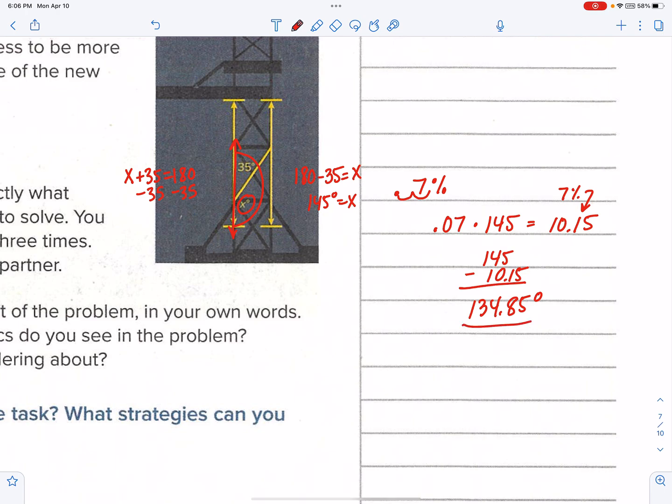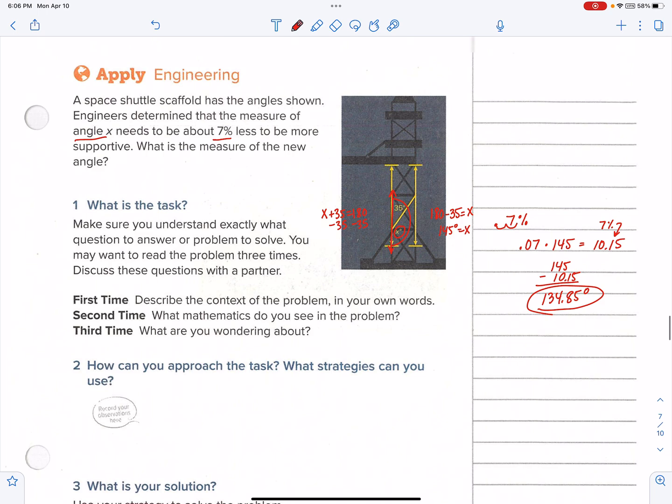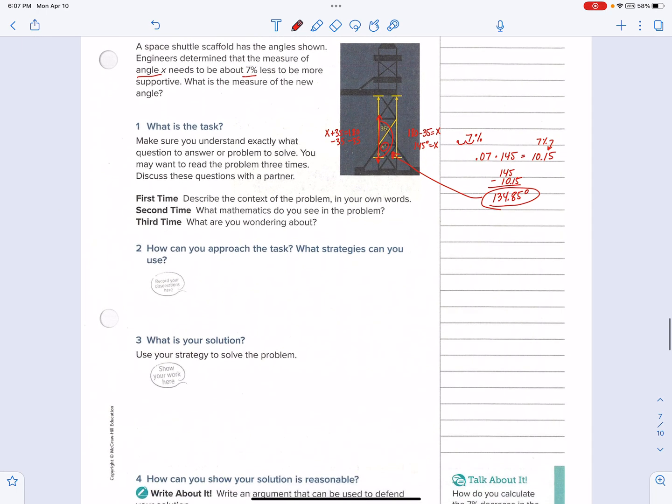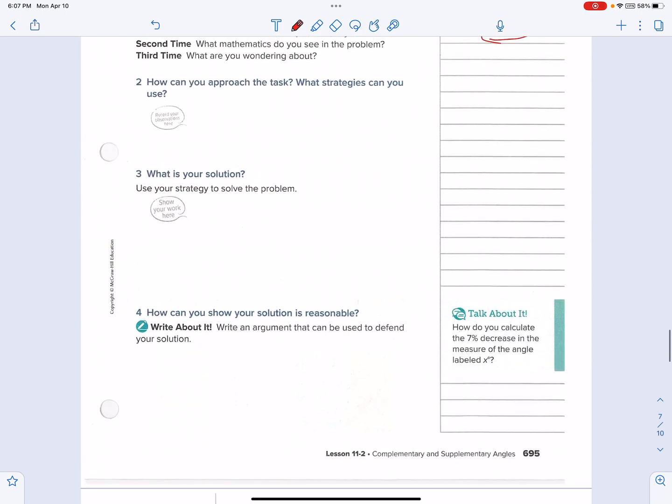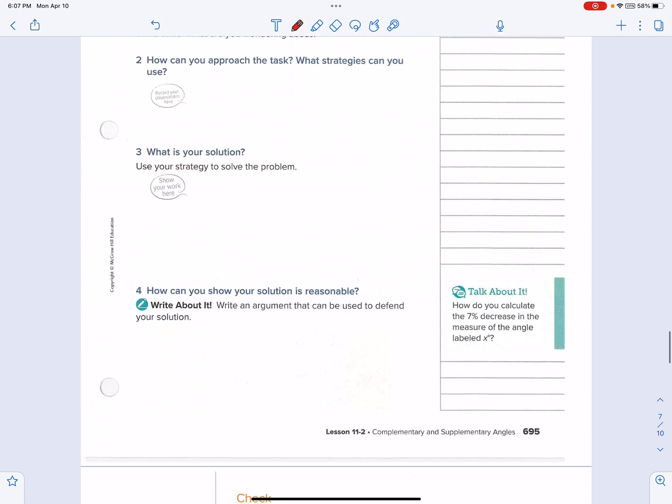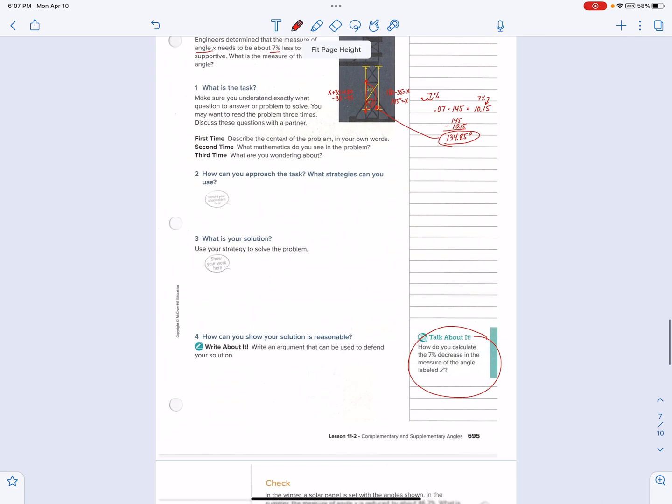Okay, and so this is the amount of degrees that x needs to be. And so that's how we're going to take a percentage less than something. And so that's how you calculate the 7% decrease. Right here.